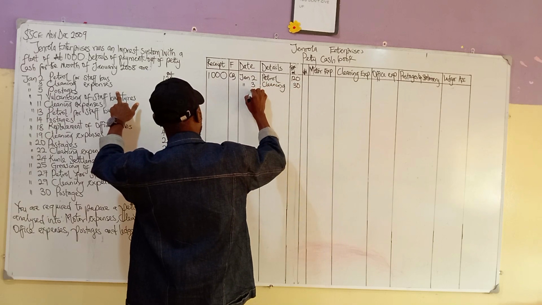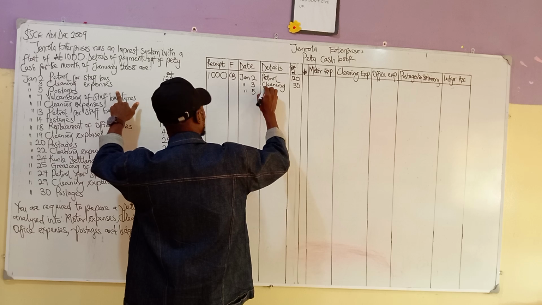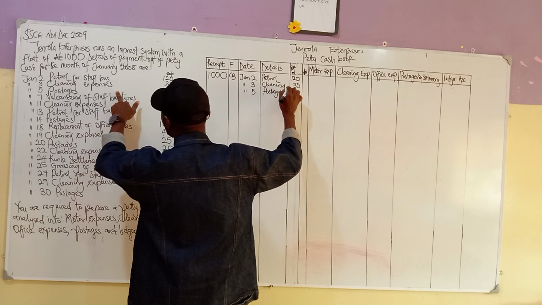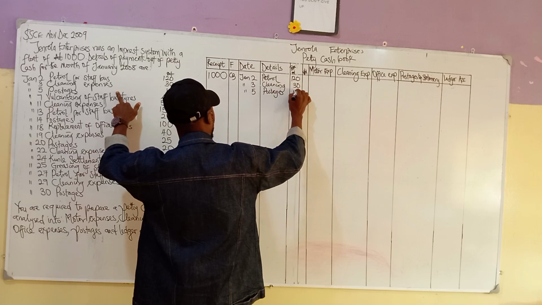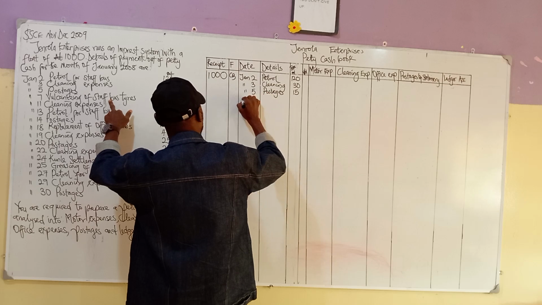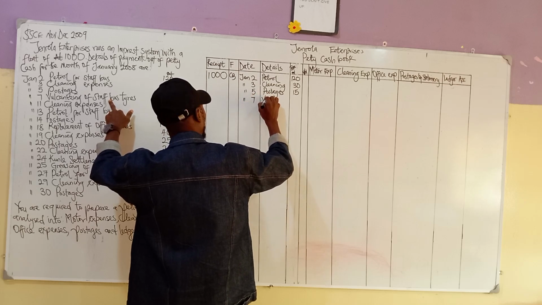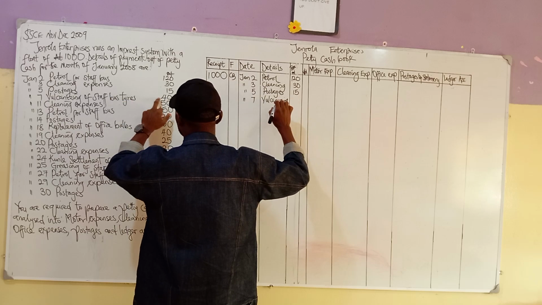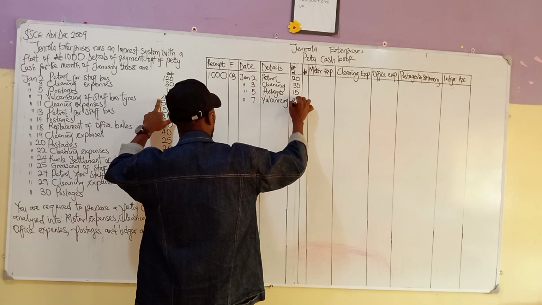January 5th, we have postage. Postage is 15. Then I have organizing of staff bus tires, that is January 7. Organizing of bus tires is 40.